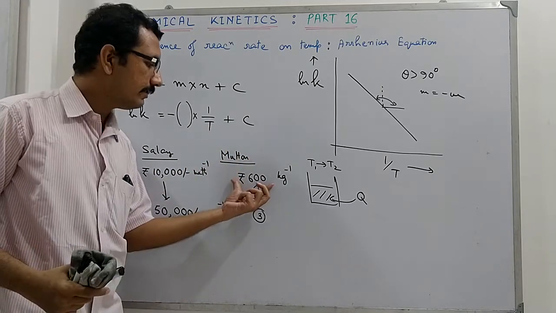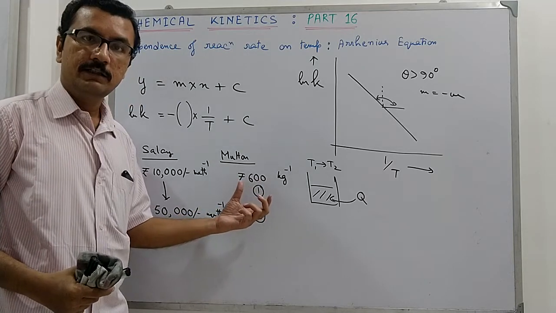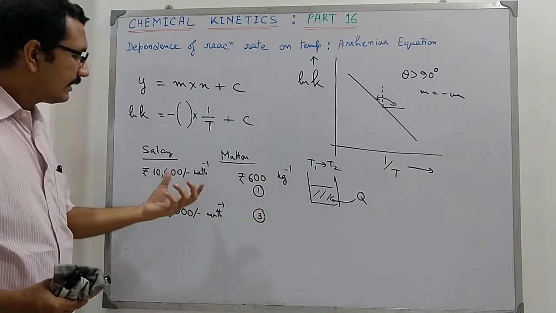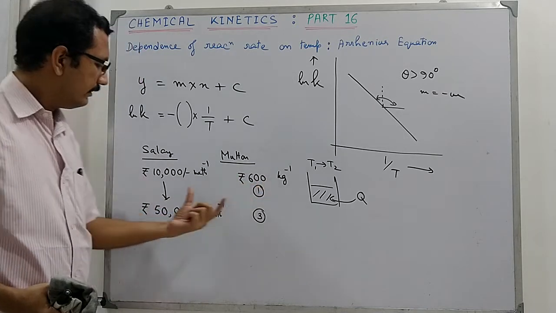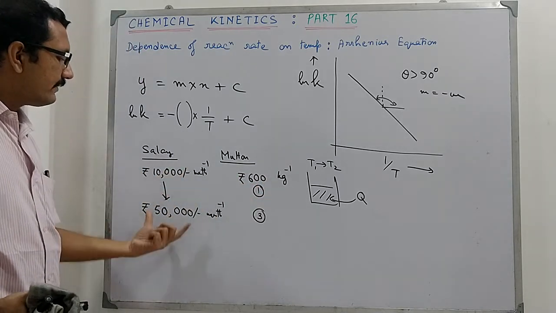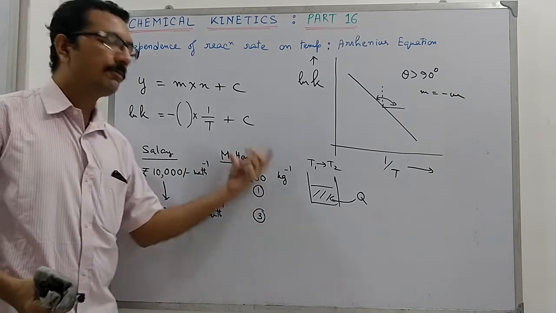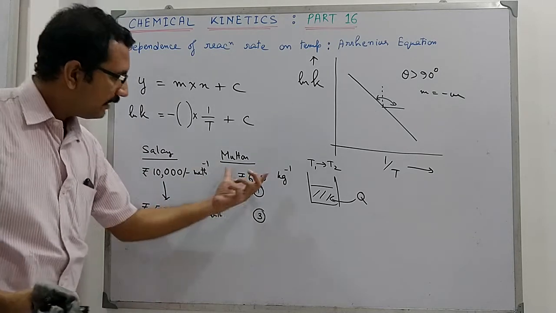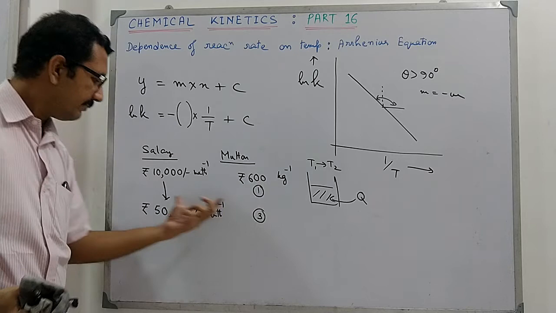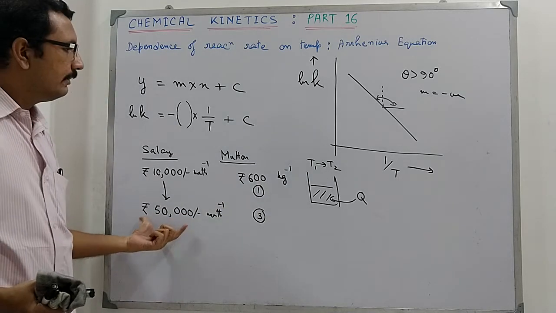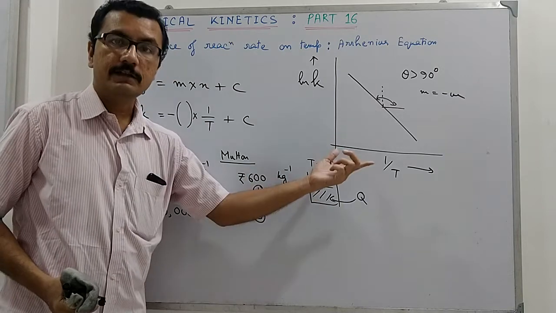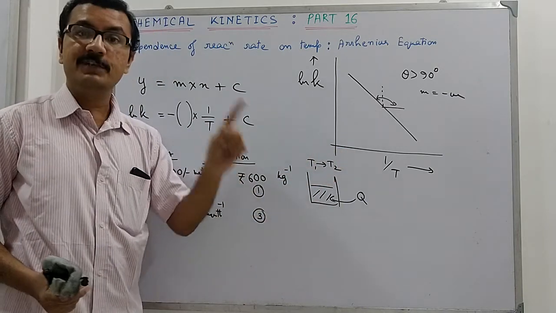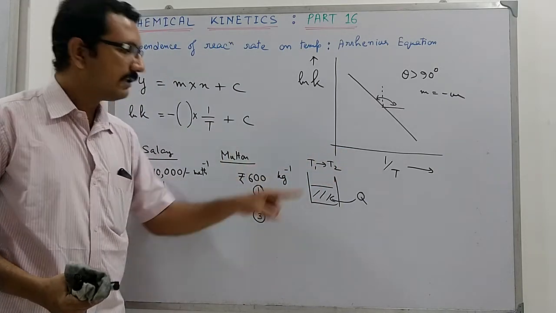So it has a high price, rupees 600 per kg. Otherwise, if it is free or very less in price, then the increase in salary would not have affected the rate of consumption. So financial barrier is overcome by financial status. So thermal energy increases the rate of reaction, so there must be an energy barrier. This gives us the idea.